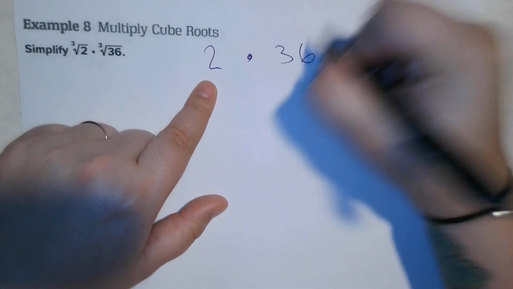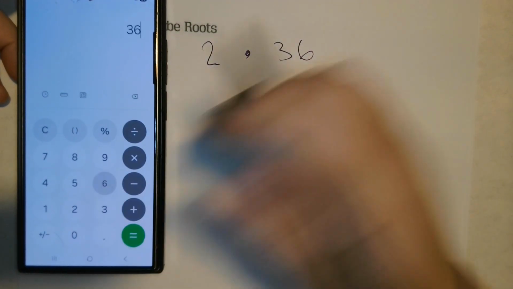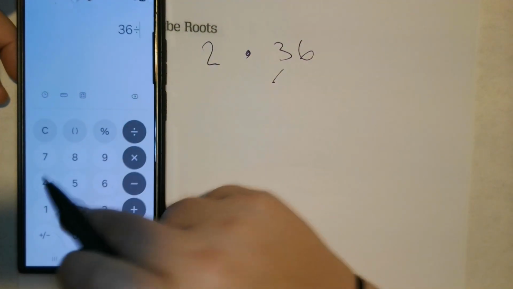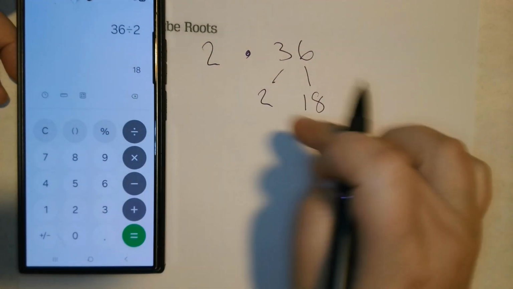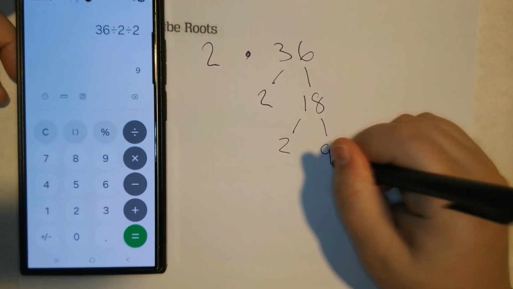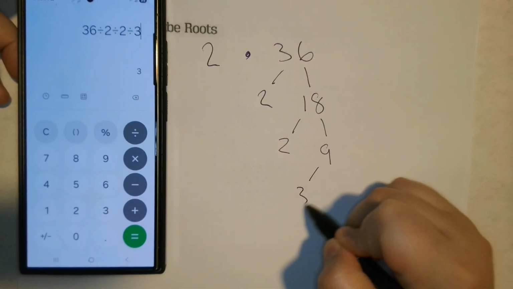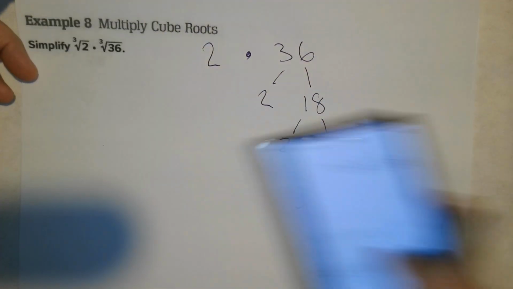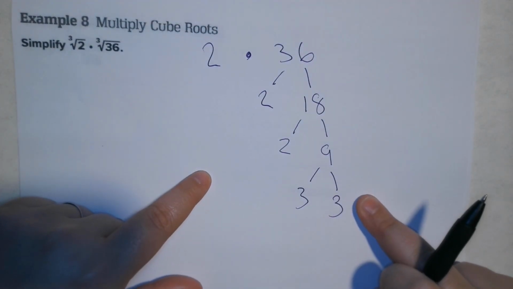Now I have a 36. So I'm going to simplify out a 36. So 36, it's even, it's divisible by 2. I get 18. 18 is even, it's divisible by 2. I get 9. 9 is not even, but is divisible by 3. And it gives me 3. Now, looking at all of my prime numbers.